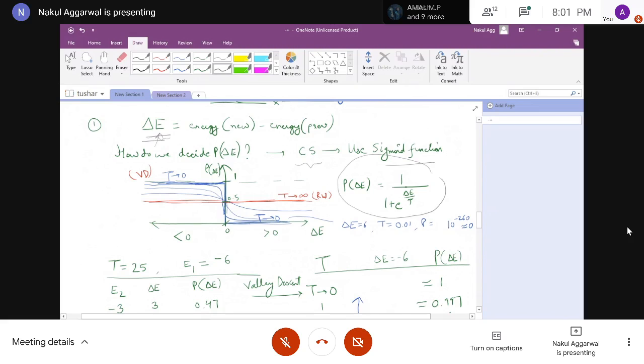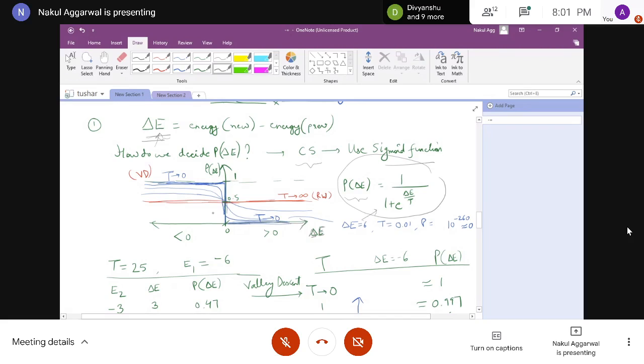It's given by 1 plus e raised to power delta E by T. Obviously, this ensures that the probability is between 0 and 1. So on the x-axis, we have delta E, and on the y-axis, we have the probability function that is given here. It can take values 0 to 1.